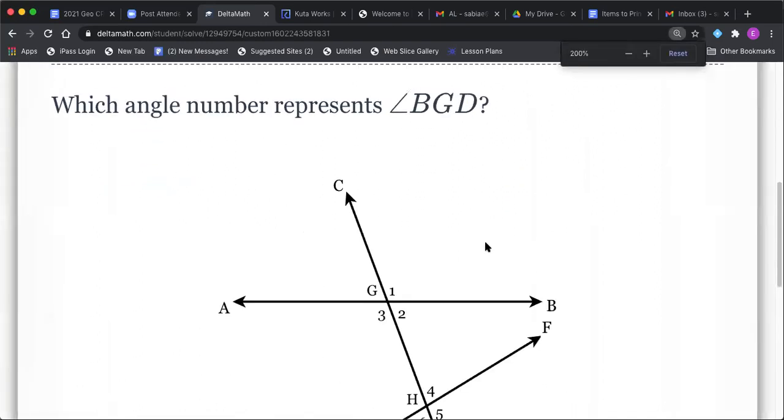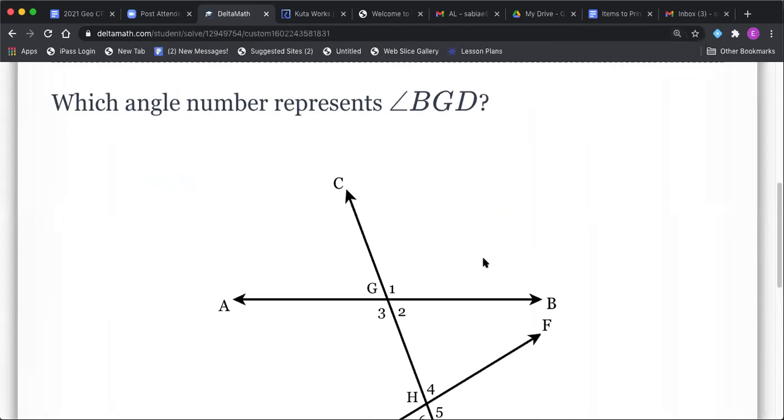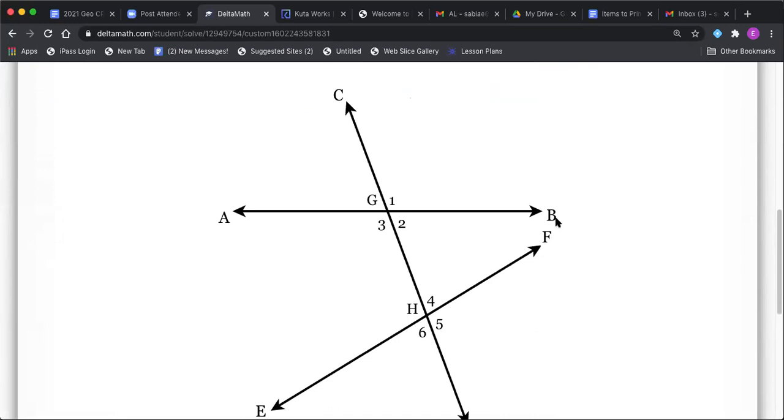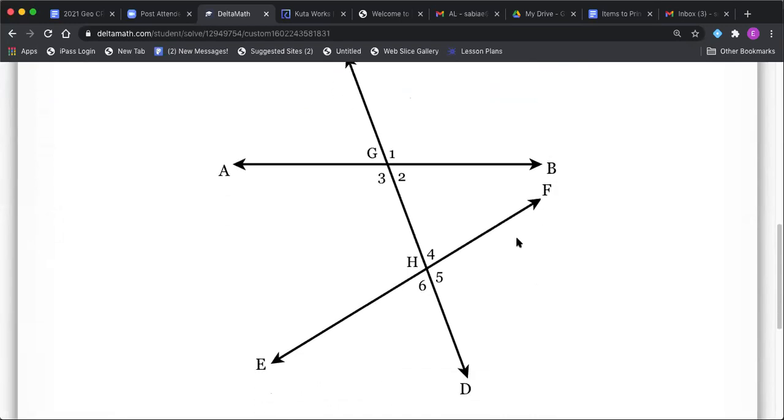Let me zoom in even more. So if I'm looking for BGD, I've got to zoom, there we go.